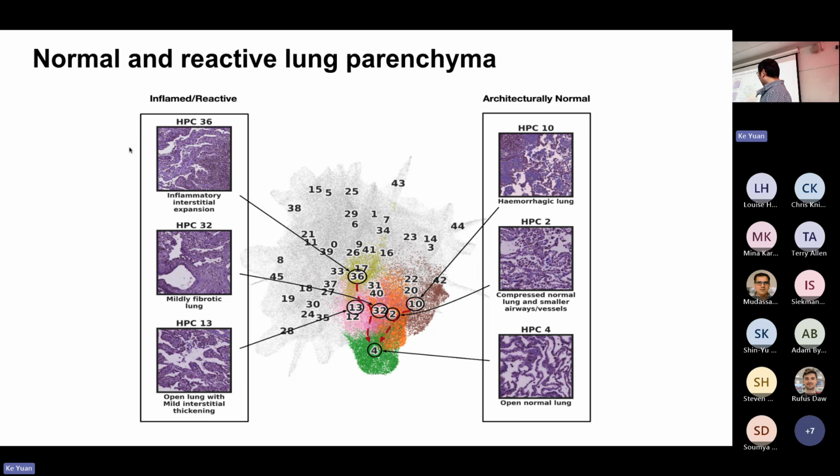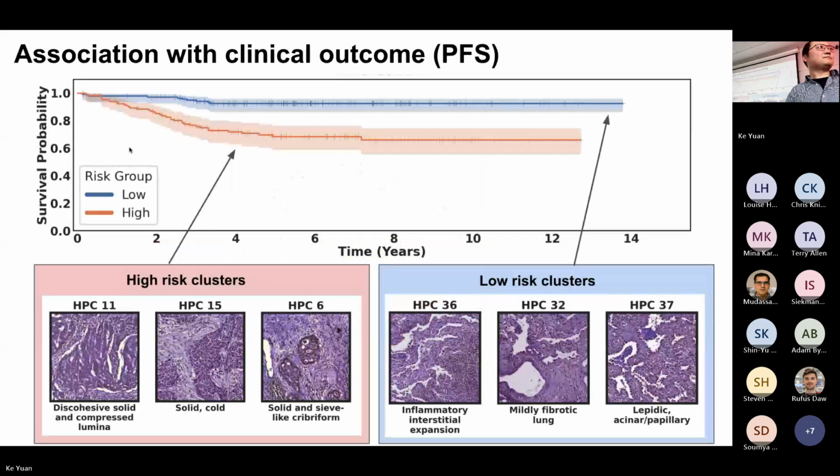On the right-hand side, you see relatively normal appearance of lung, and in the middle the samples start showing different levels of inflamed phenotypes.